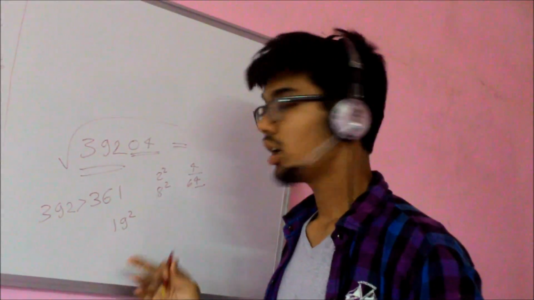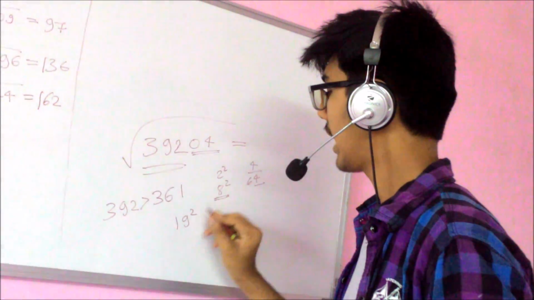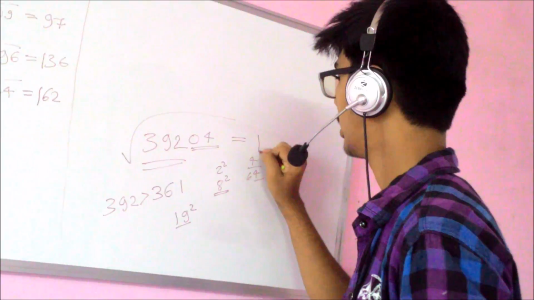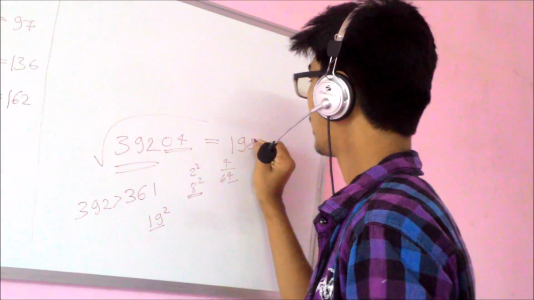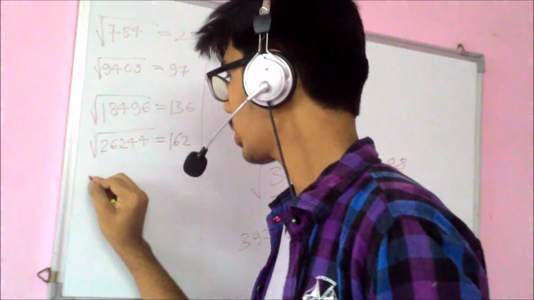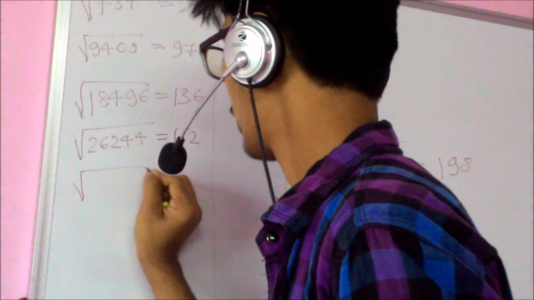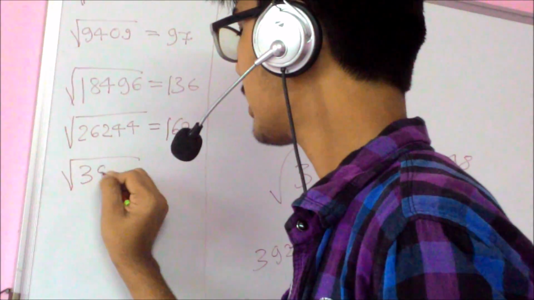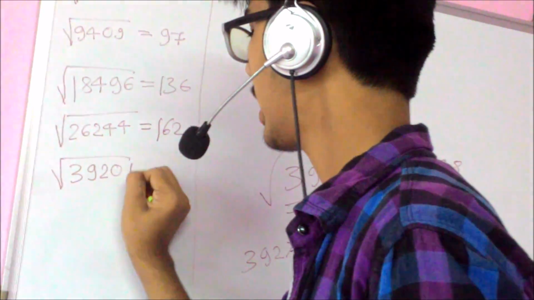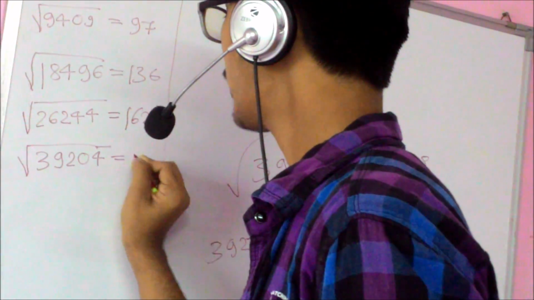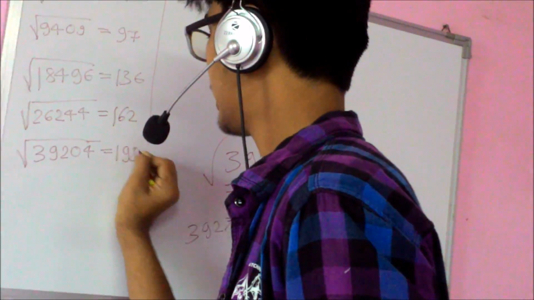We take the greater number and we take the 19 from here. So we'll get 198. So, the square root of 39,204 is equal to 198.